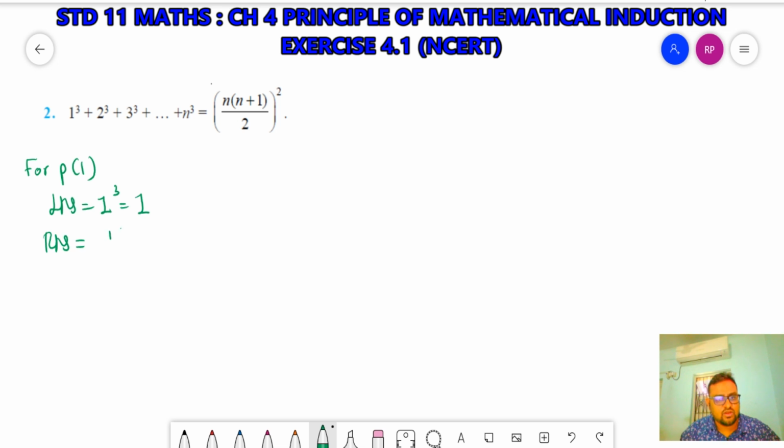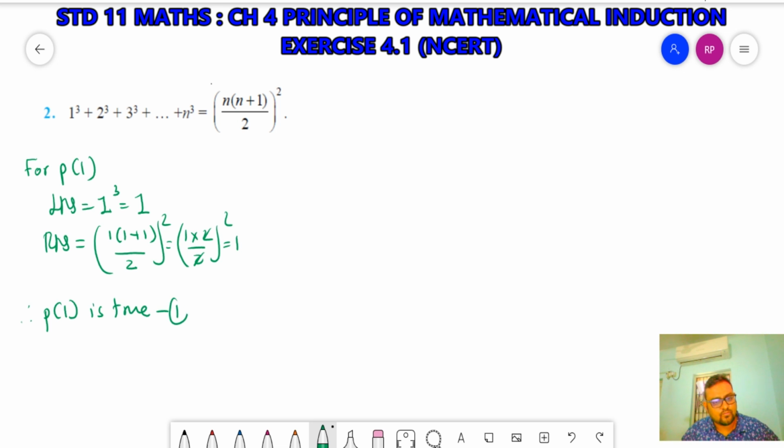RHS, 1 into 1 plus 1 upon 2 whole square, that is equal to 1 into 2 by 2 whole square. 2 gets cancelled, 1 square is 1. Therefore LHS is equal to RHS, hence P of 1 is true.